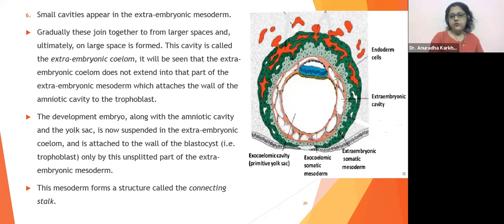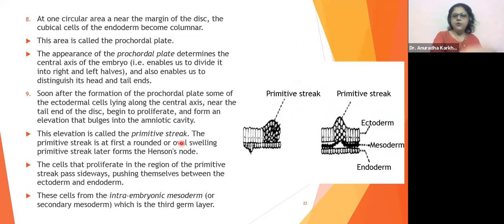So till now mesoderm has not been formed. अभी तक mesoderm नहीं बना है. Now see what happens. At one circular area near the margin of the disc, means this is a ring area, at one of the points on that particular ring, the cuboidal cells of the endoderm become columnar. So till now what we saw, the blue colored ectodermal cells were columnar.